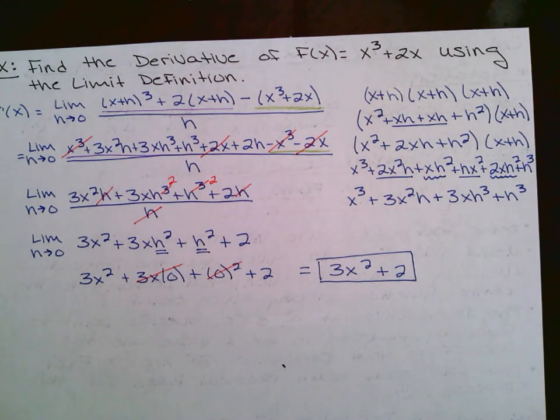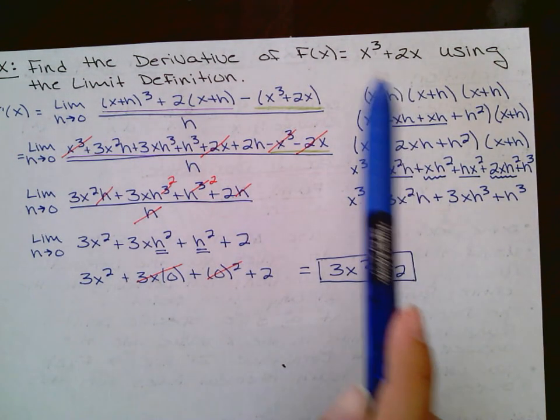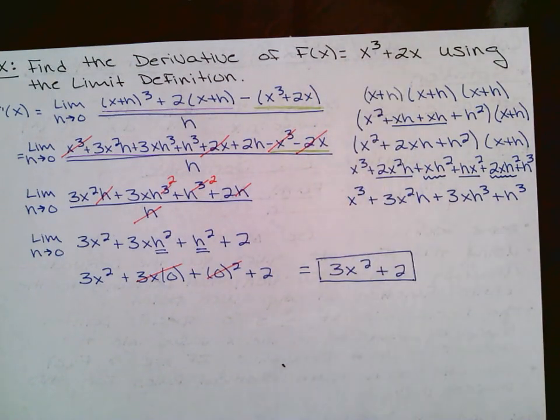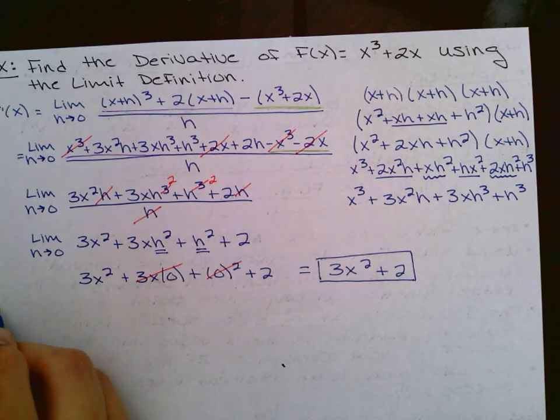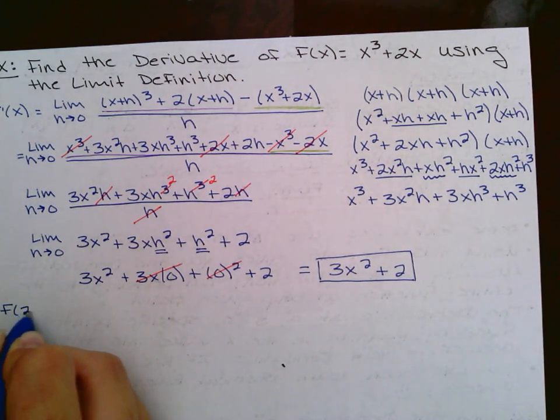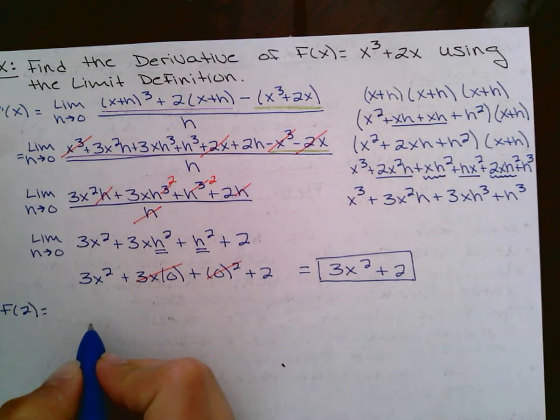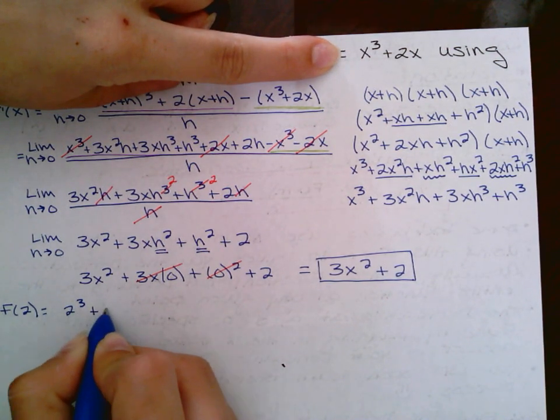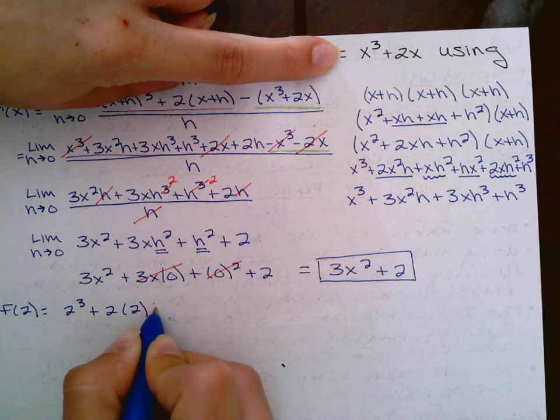So I told you when you use this formula, you were going to get a function as your answer. So let's say if I do f of 2, okay, let me show you the difference. F of 2 is me plugging 2 into the original, which would be 2 cubed plus 2 times 2.